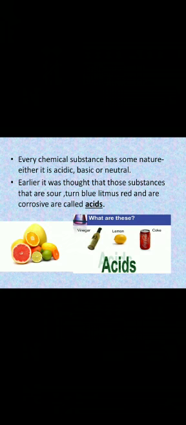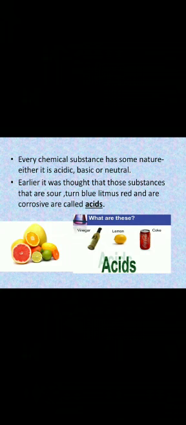For example, we have many fruits like oranges, lemons, etc. that contain citric acid. Vinegar, which is used in making pickles and chow meins, etc., contains acetic acid. Coke and other carbonated drinks contain carbonic acid.